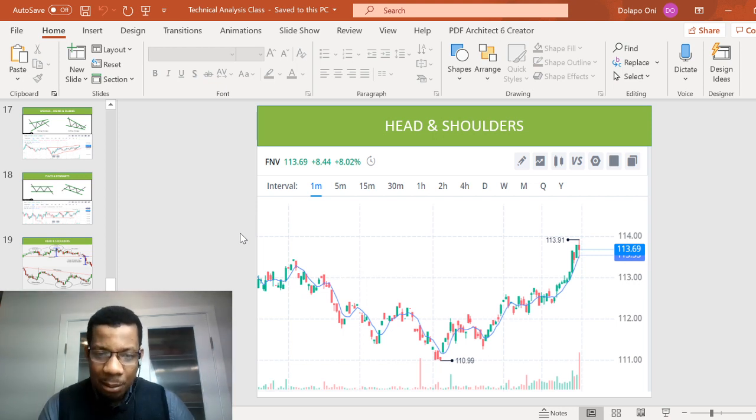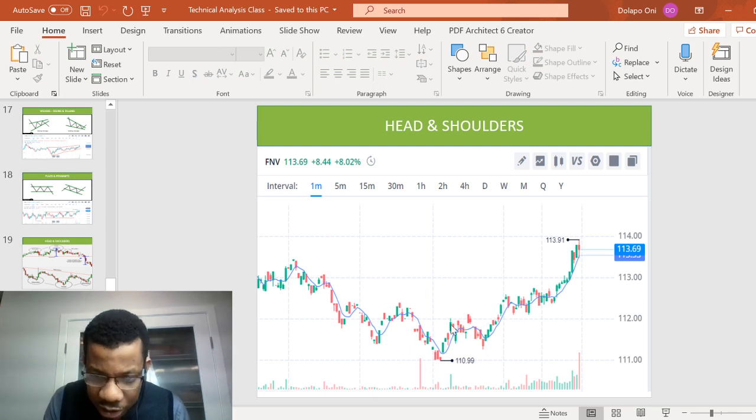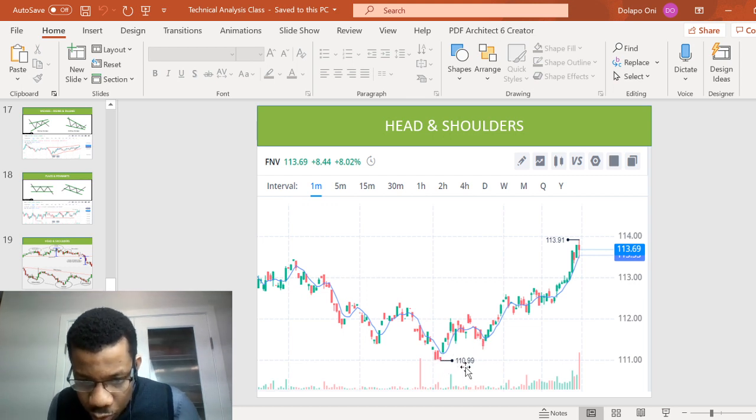I'm showing you a chart here for Franco Nevada, which is one of the pipeline laying companies on this side of the world. It is one of the assets that we typically recommend for our client portfolios. It's pretty strong, and you can see a very clear head and shoulder here at the bottom. You can see the shoulders on this side and on this side, and then the head at the bottom, which is 110.99.